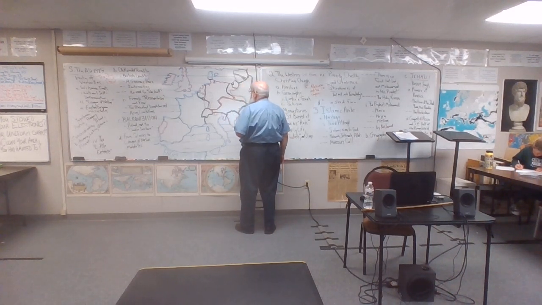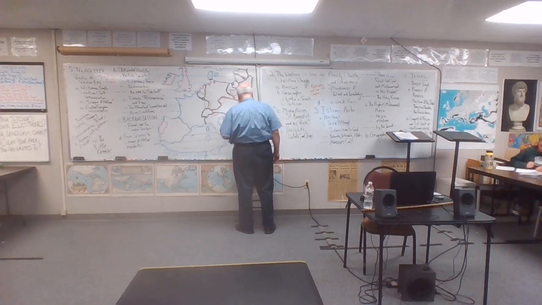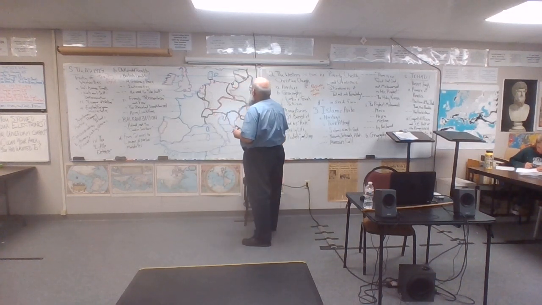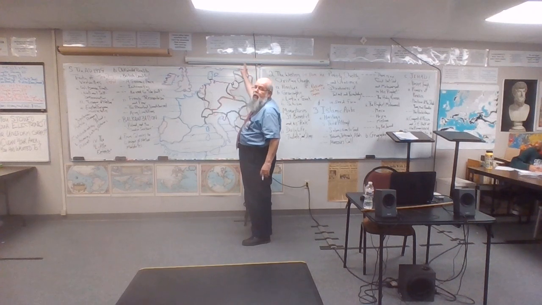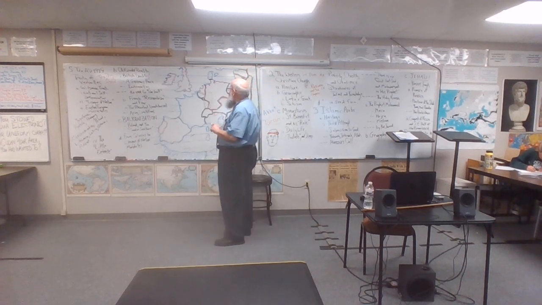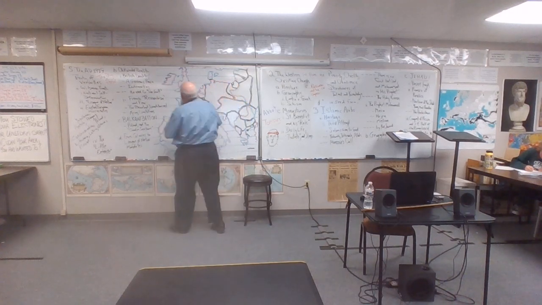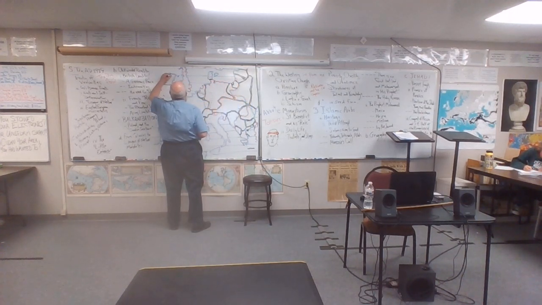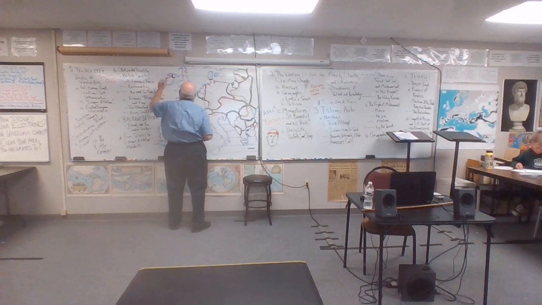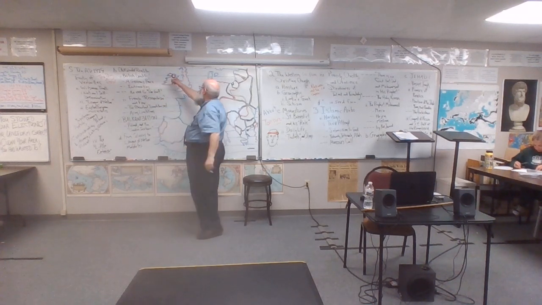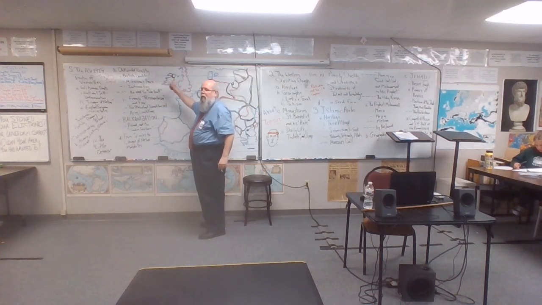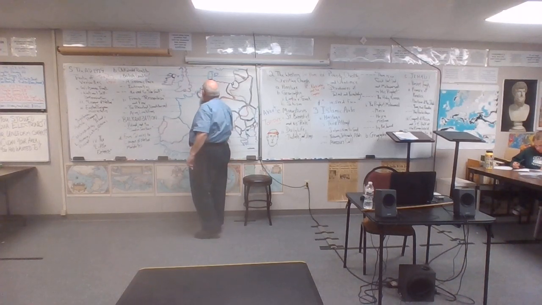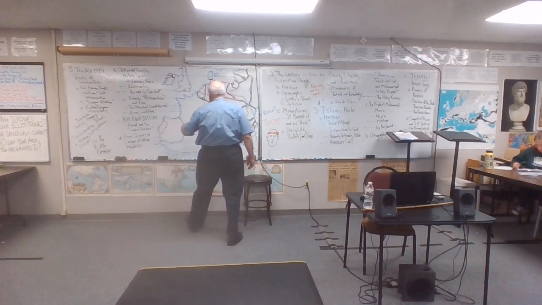Oh, where else? That's mostly it. Off the map, Finland is going to get its independence from Russia. That's a big deal, but I don't have room on the map for it. And as a result of other events, the Irish Free State is established in Southern Ireland, but Northern Ireland remains part of Britain. So, there's that in terms of new borders.